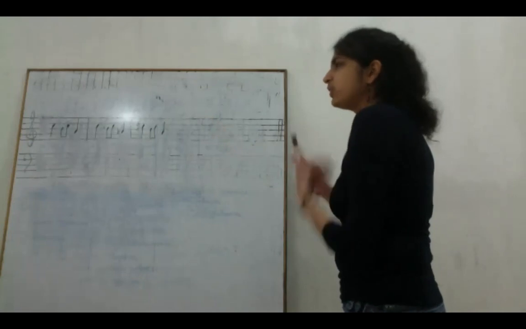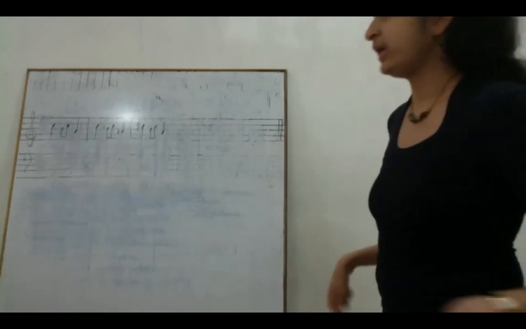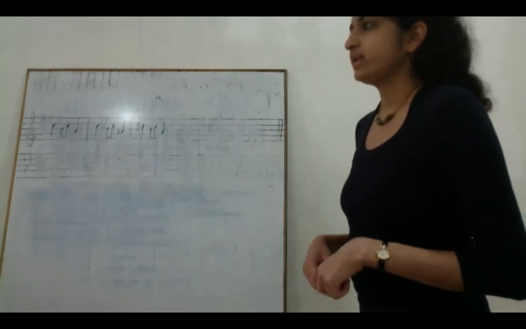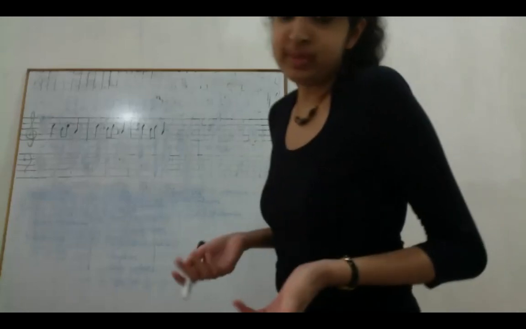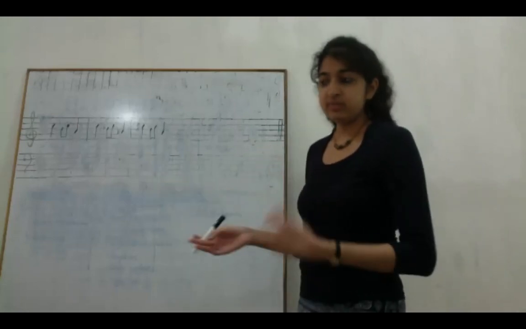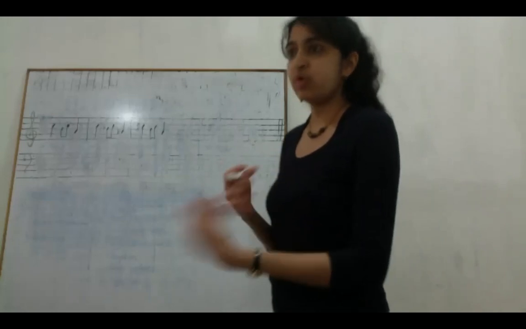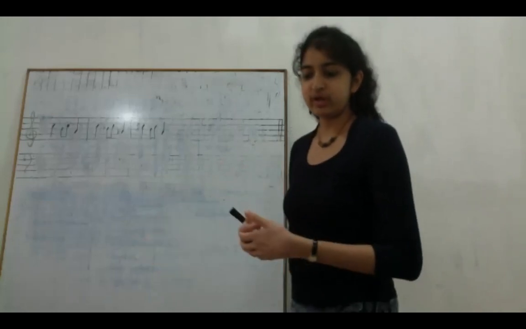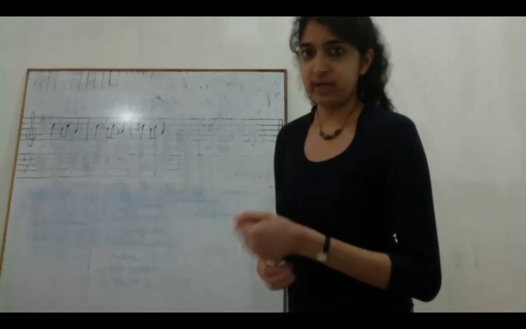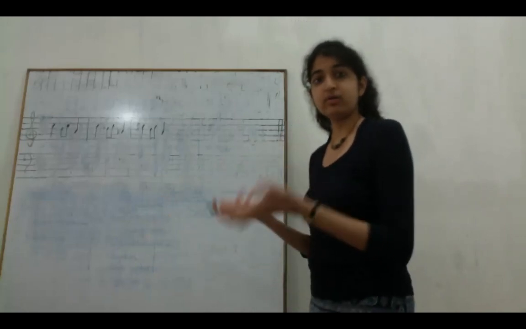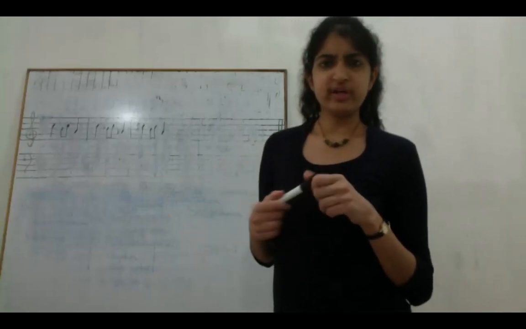What you don't want to do is change it to some other minor key, because that's not really a change of mode. It would be a change of key. Change of key means changing the tonic. Change of mode means staying on the same tonic, but going from major to minor or minor to major. Is that clear?